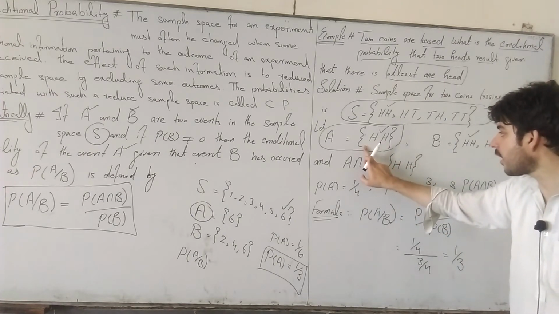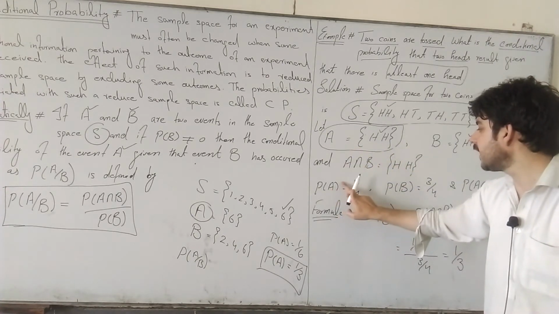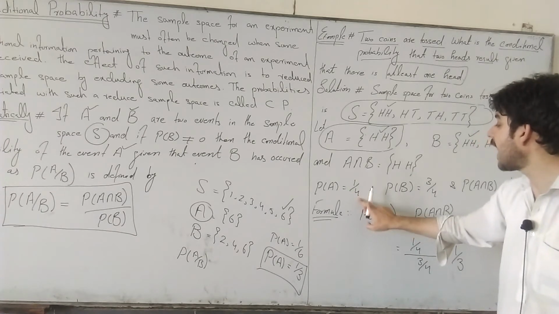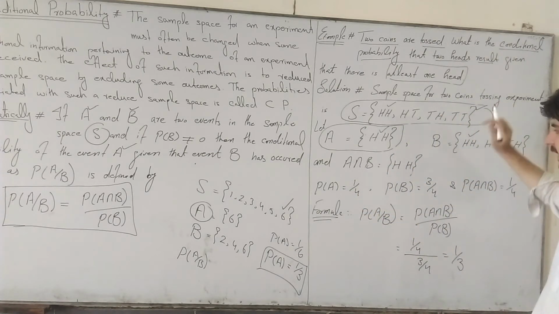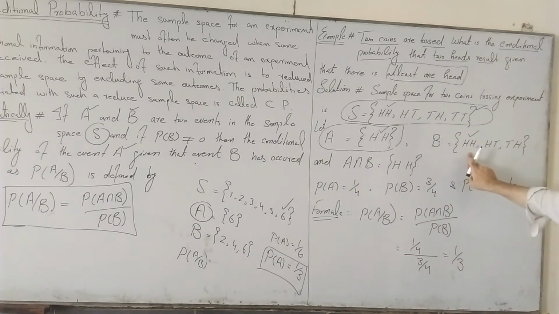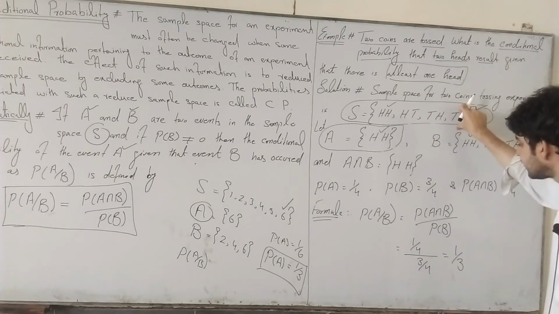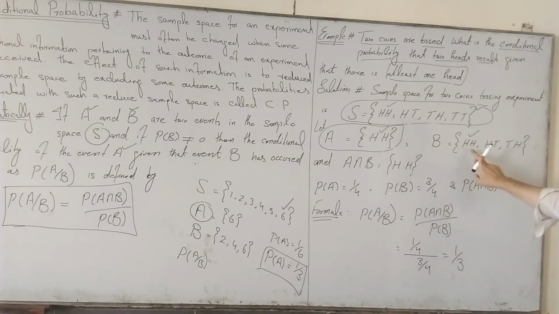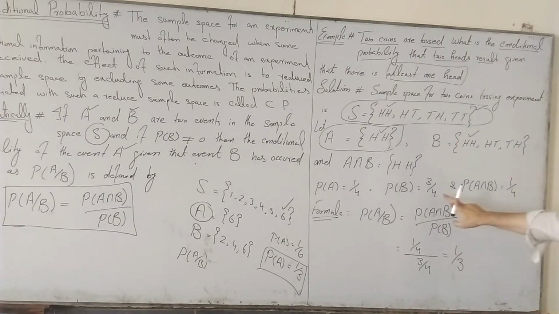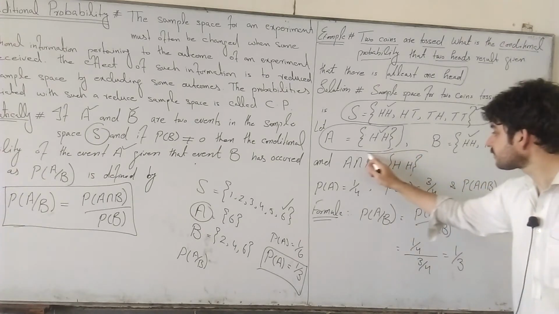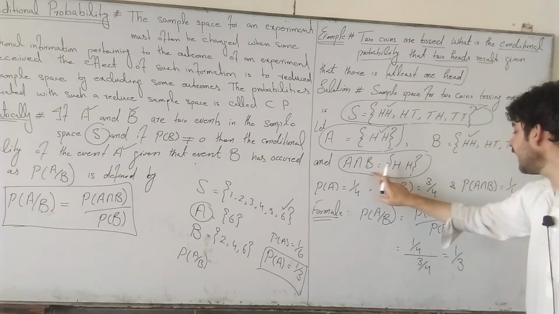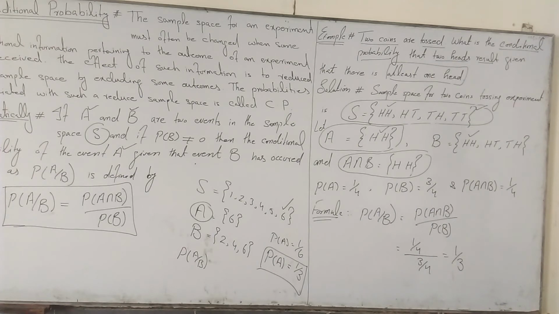If we find probability of A, probability of A is equal to 1 over 4 on the basis of the sample space, not on the basis of B. And probability of B on the basis of sample space S is 3 by 4, because in set B there are 3 elements and the sample space total elements are 4. Similarly, probability of A intersection B is 1 over 4.